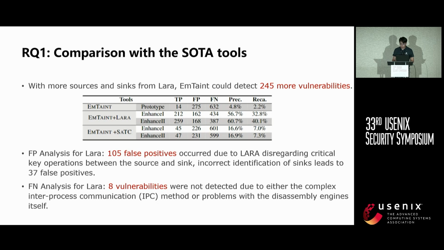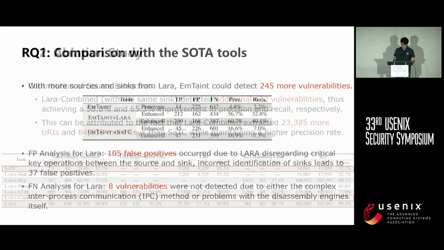For fair comparison, we provide the source and sink to taint analysis, and the results showed that more vulnerabilities could be identified, and the source and sink provided by Lara were more effective. Also, we make false positive and false negative analysis of Lara.